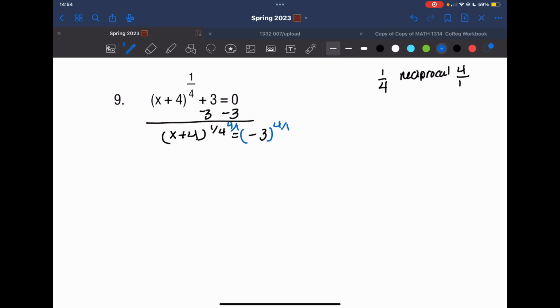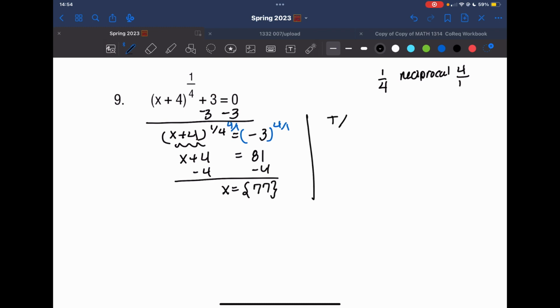So I'm going to get x plus 4, right? We just get the base by itself, equals 81 minus 4 from both sides. X is supposedly 77. And we're going to test our solutions.